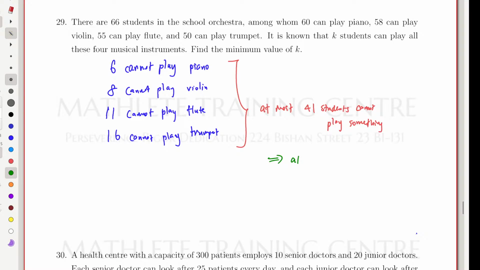It means that at least 25 students can play everything. That's it, right? You have 6 people who cannot play this, 8 people who cannot play this, 11 people who cannot play this, and 16 people who cannot play this. So at most 41 people cannot do something. At least 25 people can do everything.